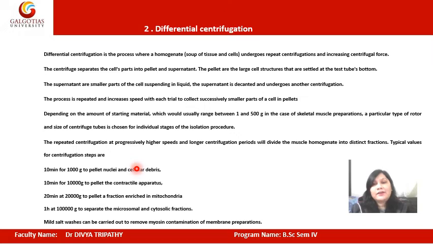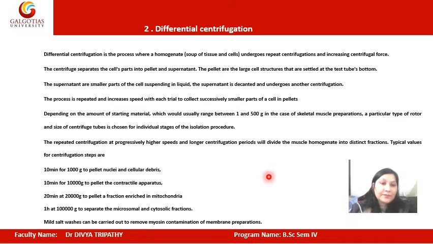First, understand the process that we have already learned in the previous lecture. Now, these pellets are large cell structures that settle at the test tube bottom in the form of a pellet. The supernatant contains smaller particles of the cell suspended in the liquid. The supernatant is decanted and undergoes another centrifugation.